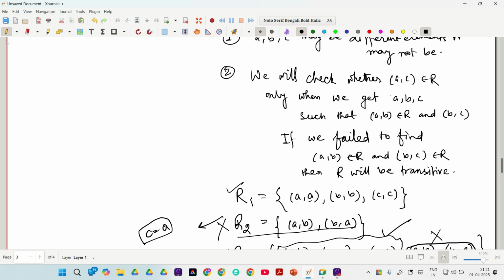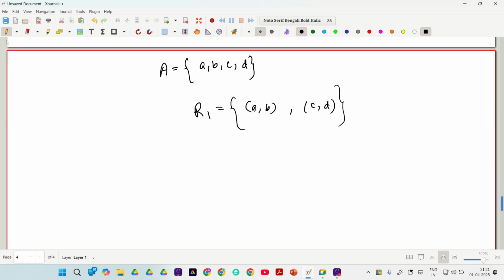After that, I will give some real life examples, that is using numbers or some other relations. So now tell me, Pratiti, is this relation transitive?